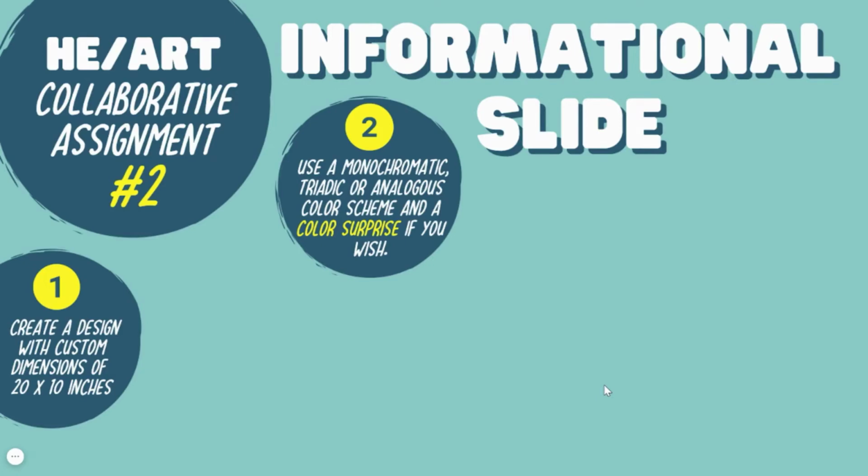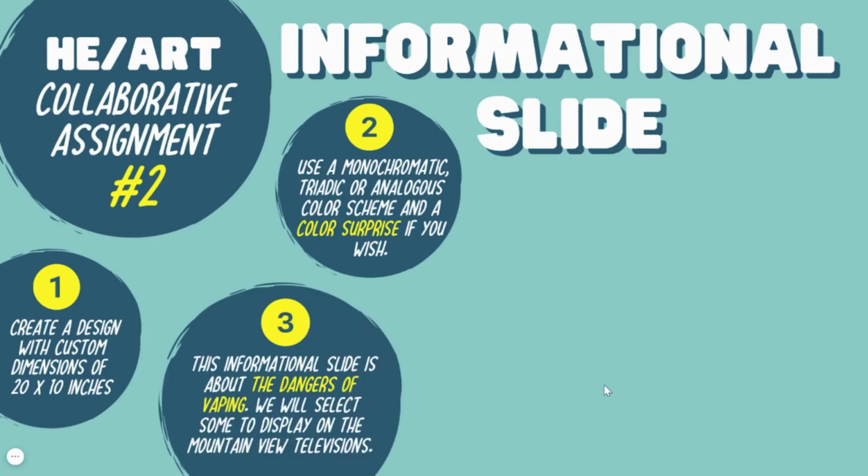And you may use a color surprise if you wish, or multiple color surprises as long as they are small quantities. So you can see here I'm using a monochromatic color scheme for this informational slide that I'm making for you, with the yellow color surprise to draw attention to certain areas.